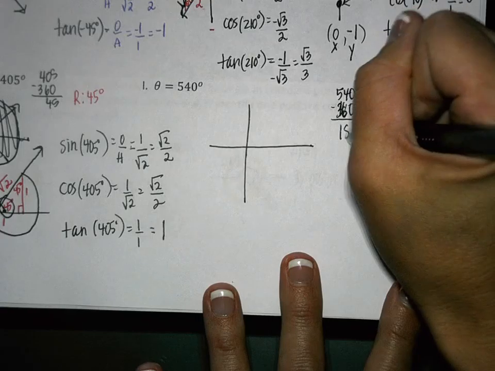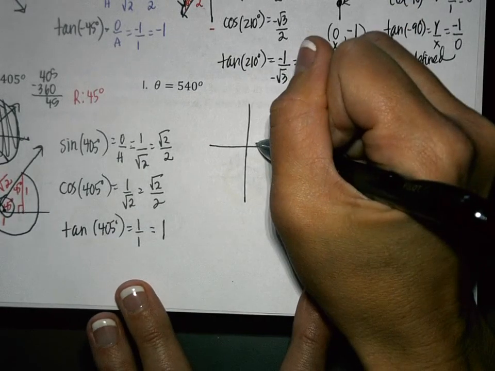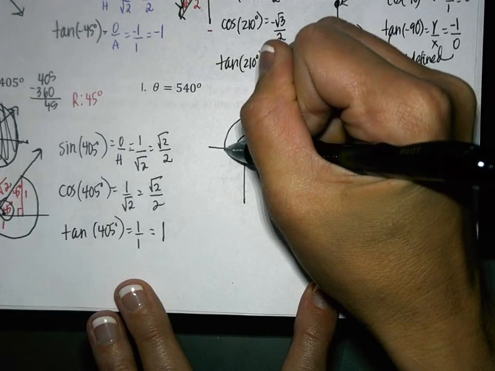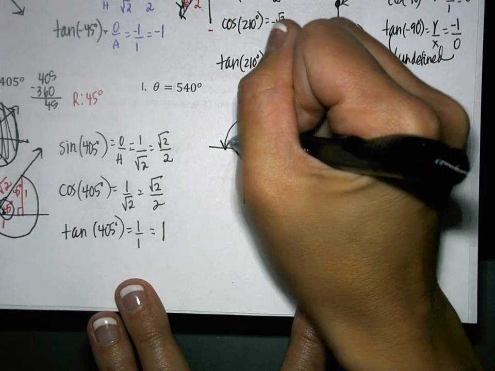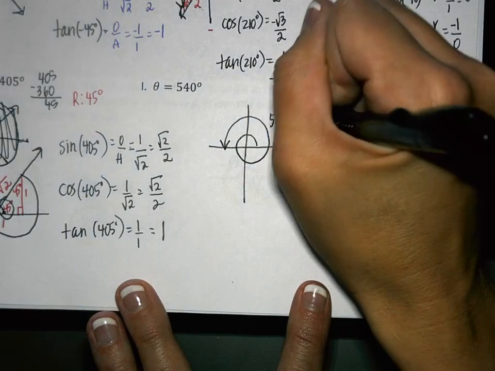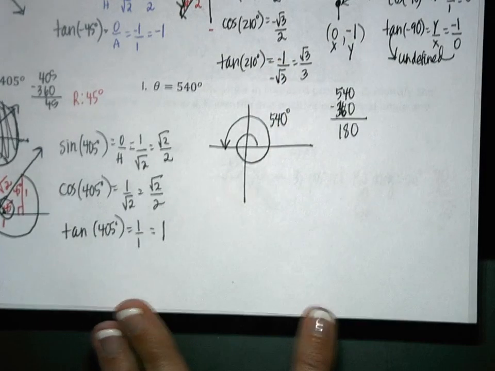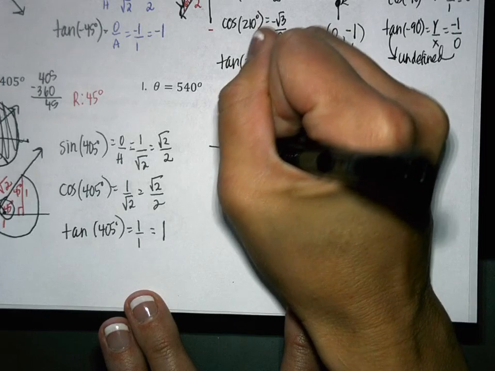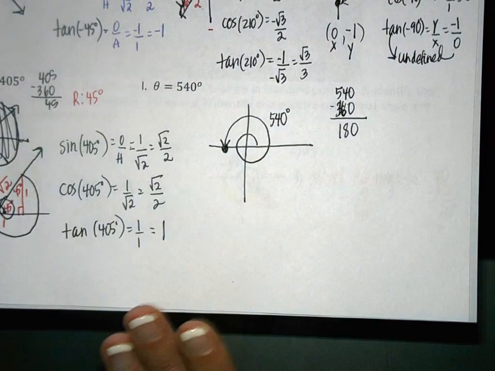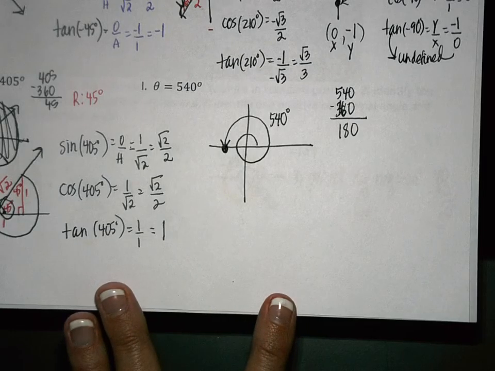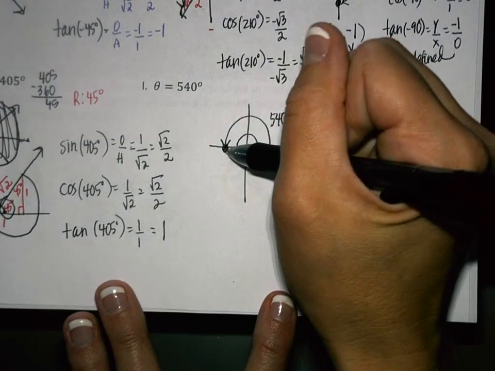So we're starting here. We do a whole 360, and then we end up going all the way to the 180 mark. That is 540 degrees. So because we're ending here on a line, we're going to have to use our special values for sine, cosine, tangent on our unit circle, okay? And so this point right here is at what?